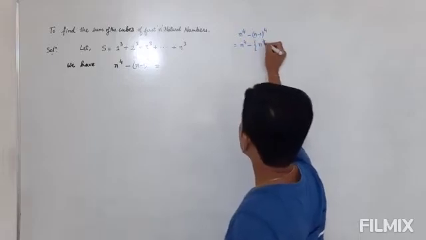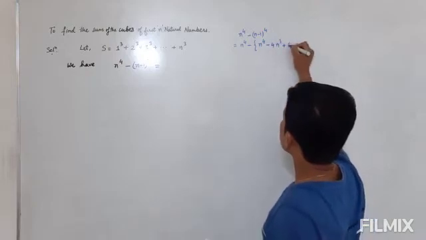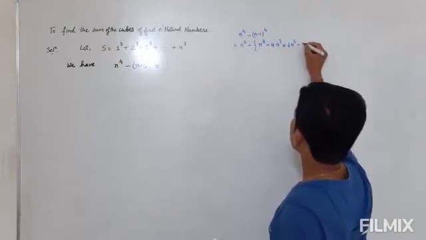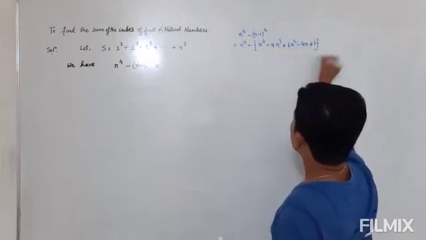This will be n to the power 4 minus 4n cube plus 6n square minus 4n plus 1.